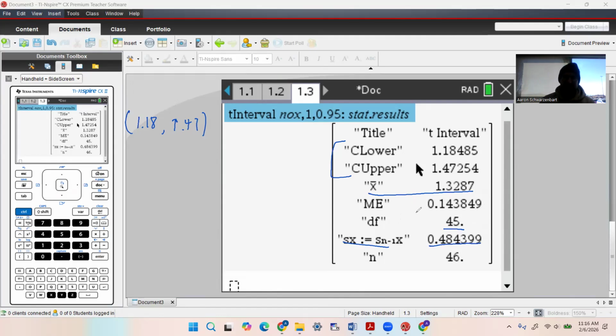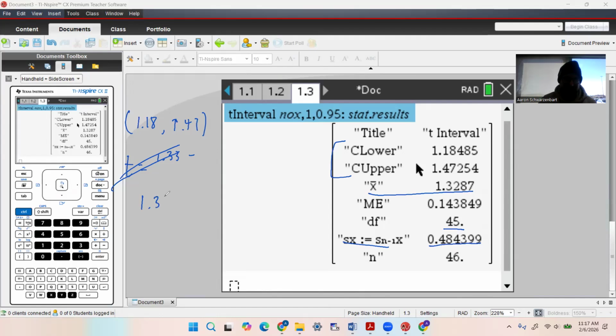Okay. And so you can give these important pieces of data to show. You can even write out, if you want, T equals 1.33 minus, no, wait. It does not give me the T star value.